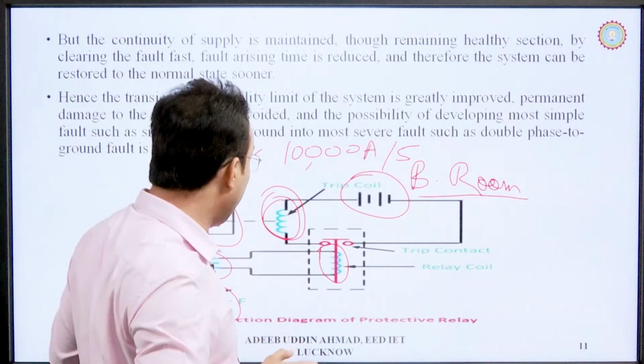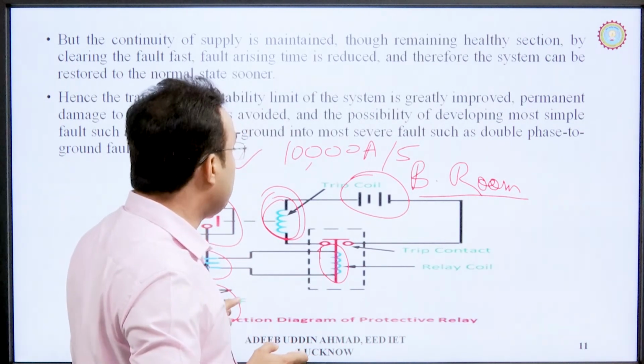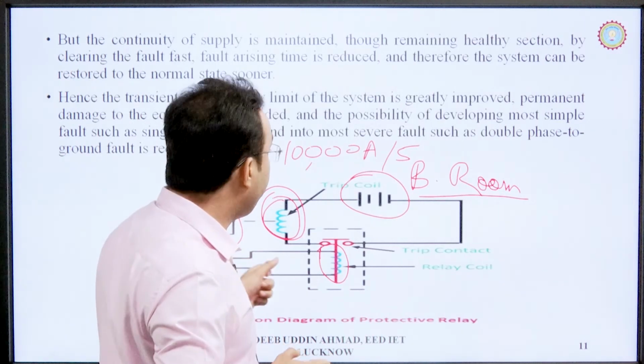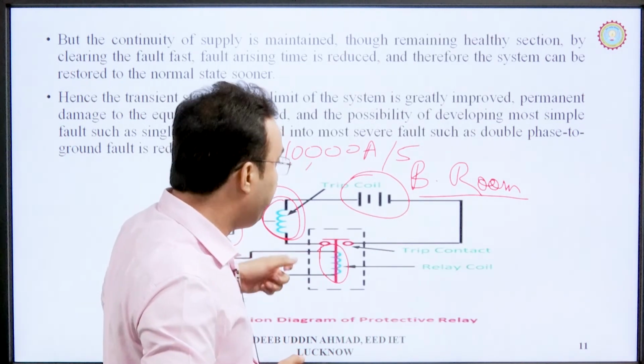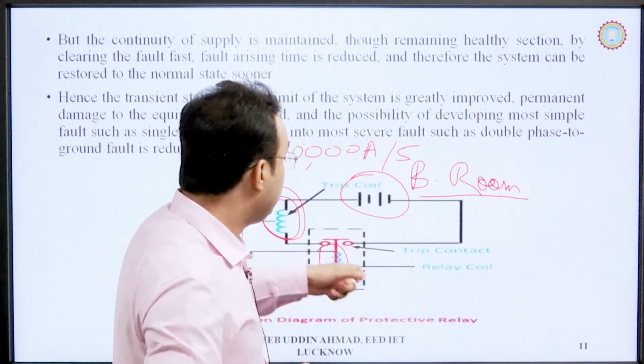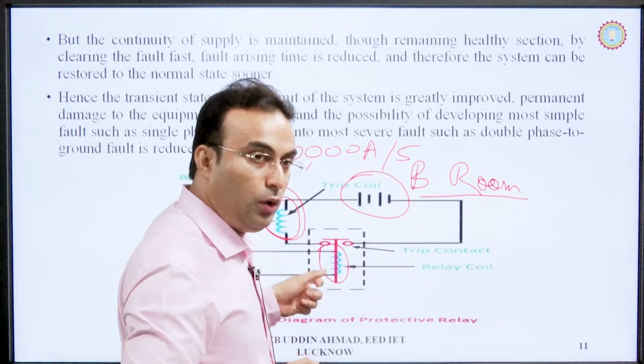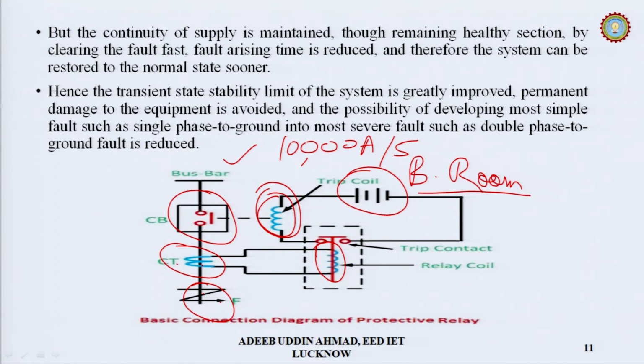So, this is the common phenomenon that when faults occur, the 5 ampere current will flow through the CT secondary, and because of the 5 ampere current of the CT secondary, this electromechanical switch will operate. After the operation of this electromechanical switch, the whole circuit is closed.